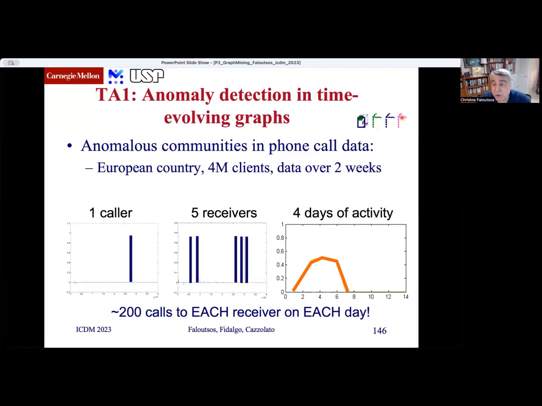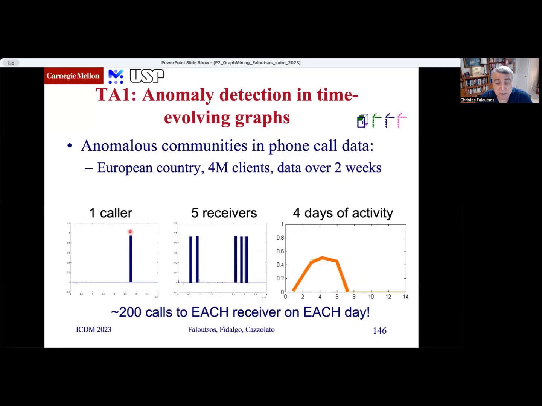The second vector, the callees: out of the 4 million possibilities, only 5 people had a lot of activity, receiving a lot of phone calls. And the third vector, the 14-dimensional time vector, had zeros everywhere except for 4 days.